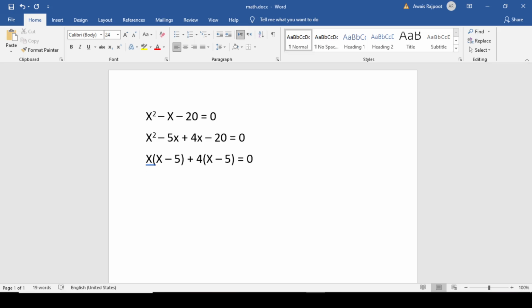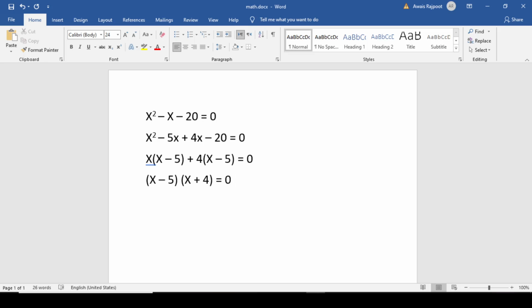Now I will enter again and solve this equation. So (x minus 5)(x plus 4) is equal to 0.